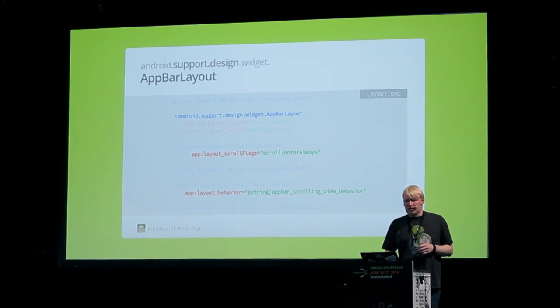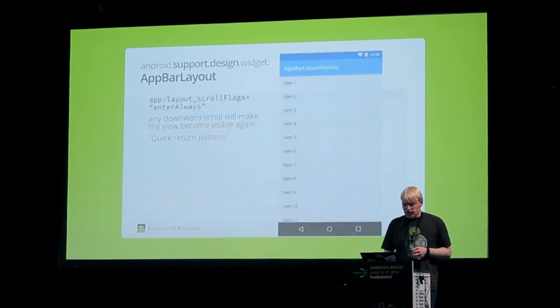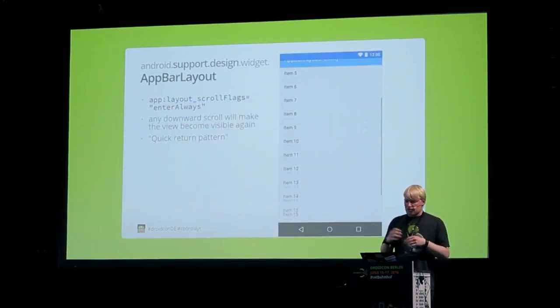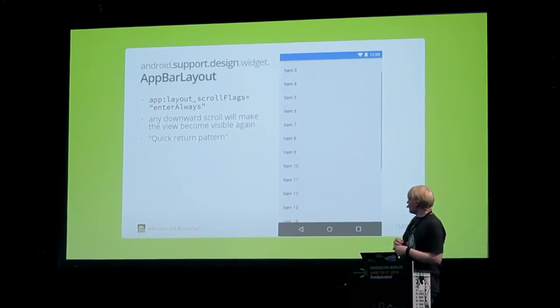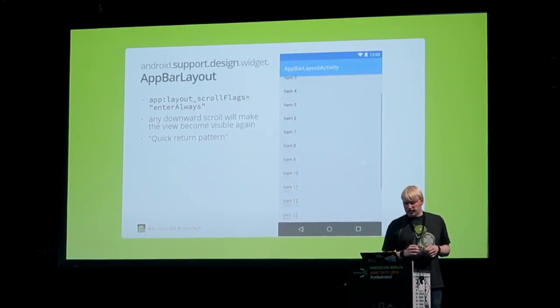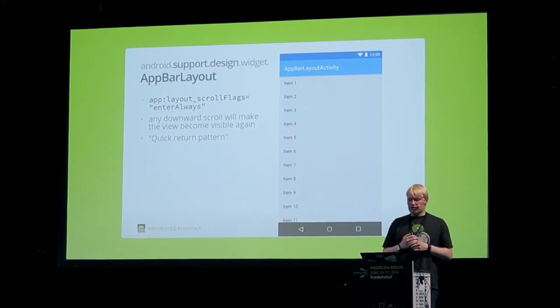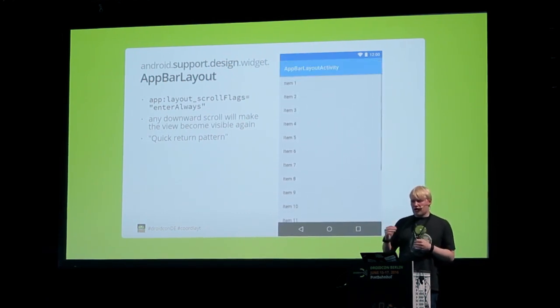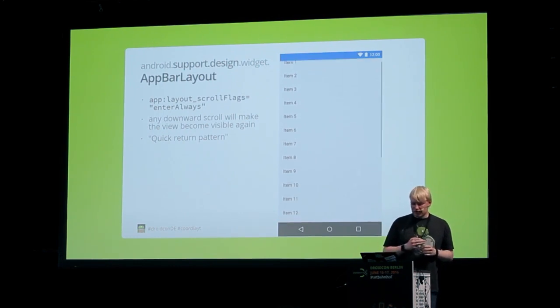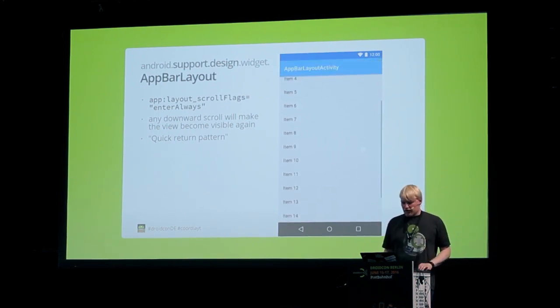With the scroll flags, you can configure how exactly your AppBarLayout should animate its content. And here we have, this is actually the same I showed before, enterAlways, the enterAlways scroll flag. It makes sure that any downward scroll, when the AppBarLayout is out, will make it visible again. You could think of it as a quick return pattern.